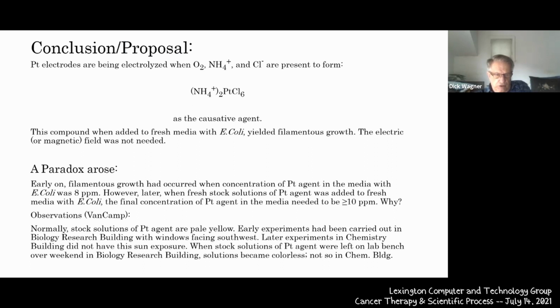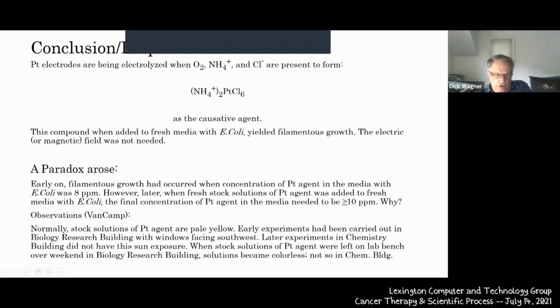Later experiments took place in the chemistry building. Fresh stock solutions later on showed that you needed the platinum agent to be greater than or equal to 10 parts per million. In other words, in the early experiments, you could get growth at 8 parts per million of this agent, and it had to be 10 parts per million or greater for later experiments. What's going on here? What's causing that?